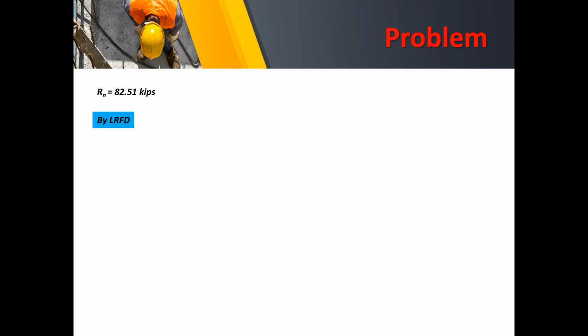we have to apply LRFD. Of course, recall that phi for fracture is 0.75. Hence, we have this equation. Phi Rn is 0.75 of 82.51, or the Rn. Hence, we have the design load equal to 61.9 kips.